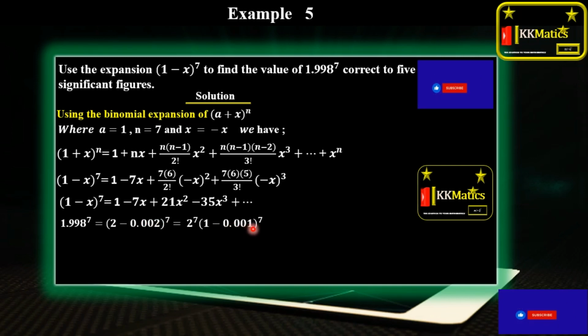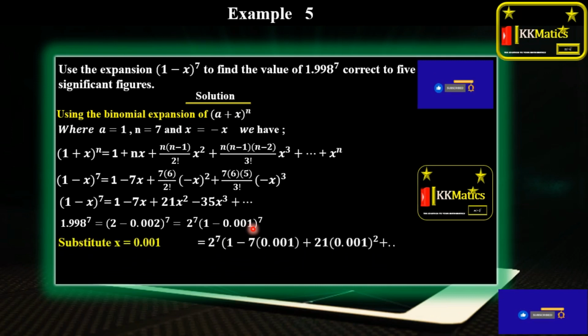And so by this, we say let x be equal to 0.001. We compare this to the expansion that we did, so 1 minus 0.001 is equivalent to this. So we say 1 minus 7, so we see the 7 there.